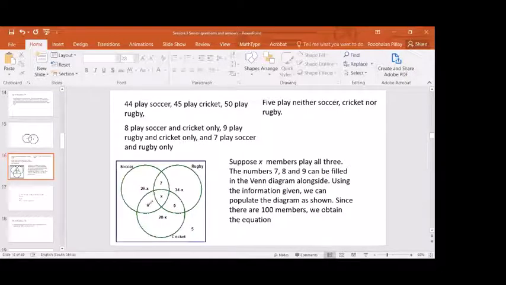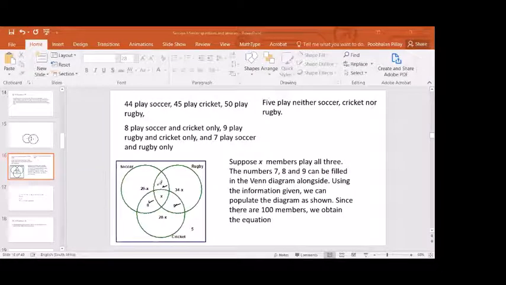They don't play rugby, so you can't be inside the rugby set. You're outside it, but inside this part here. So that part is 8. Like that, you can get 7 and 9 there as well. The 9 and the 7 take care of that.